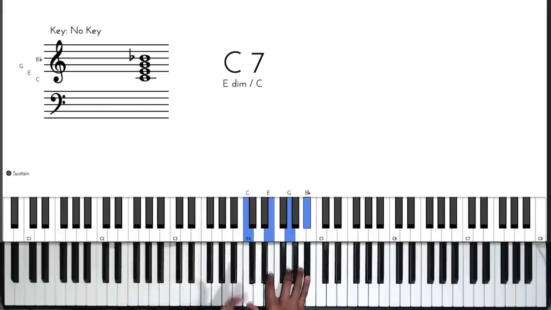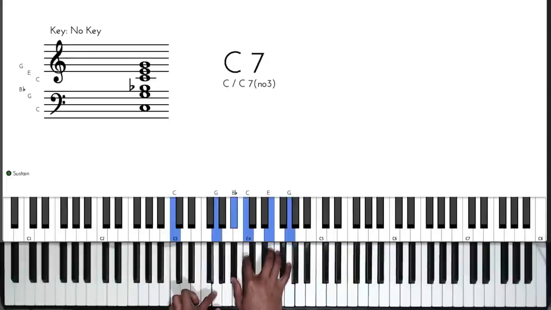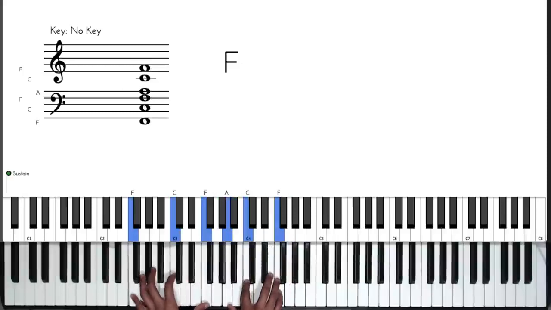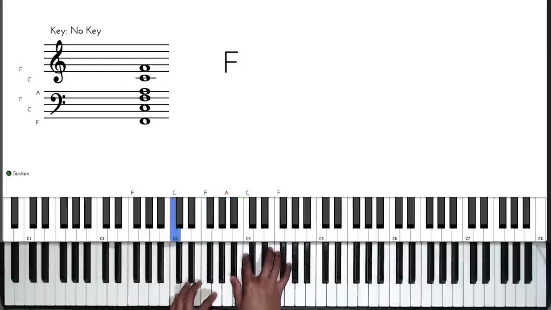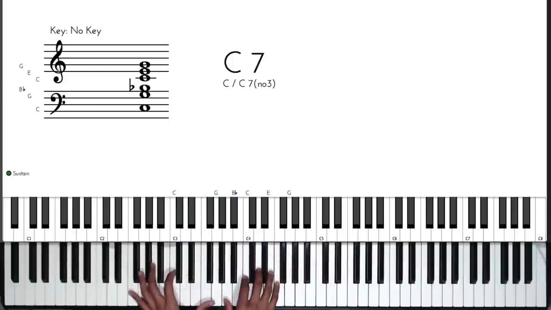It gives that feeling or that sense of tension which wants to release once we play this F, right? So you can sort of hear that tension and release, right? So that's one of the options that we have when approaching the 4 chord, right?